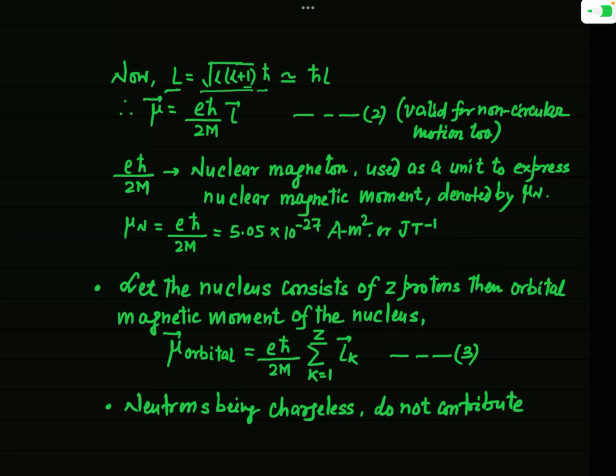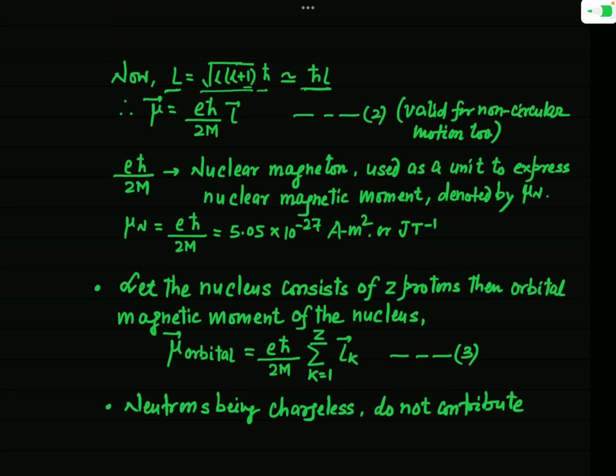When this 1 is neglected in comparison to L, this will be simply a square root of L square into h bar. So this is simply h bar L. So in this case, we will write the magnitude of this vector L simply by h bar L.